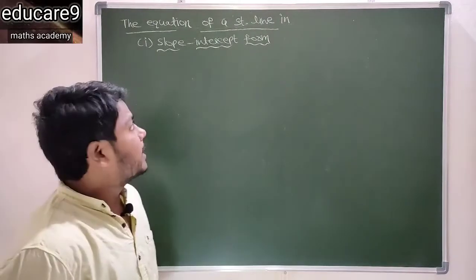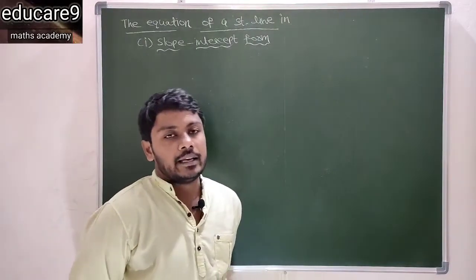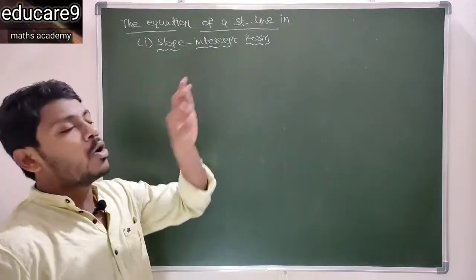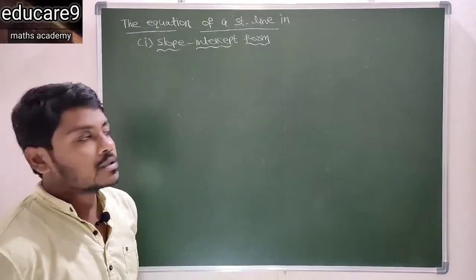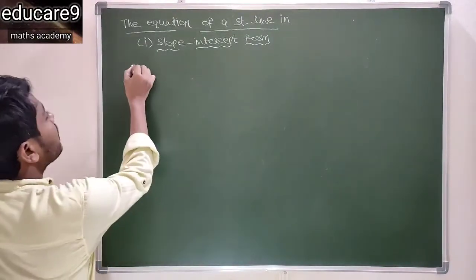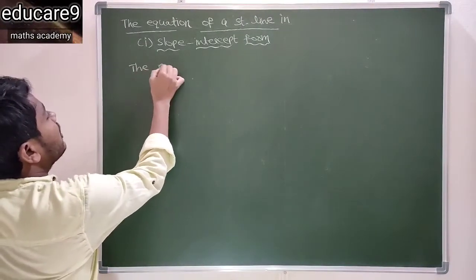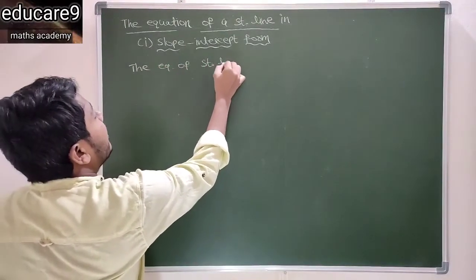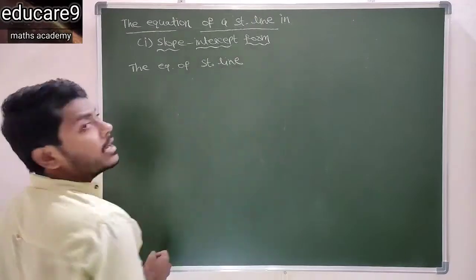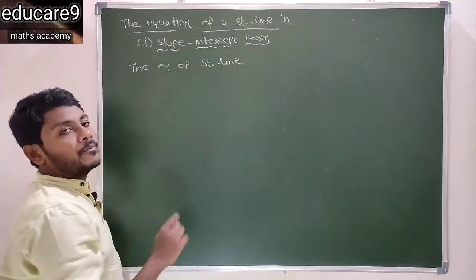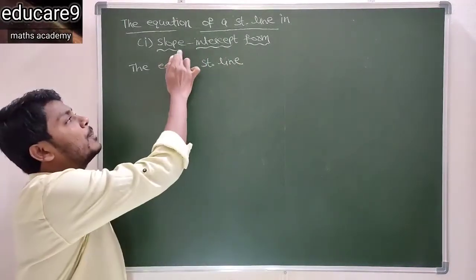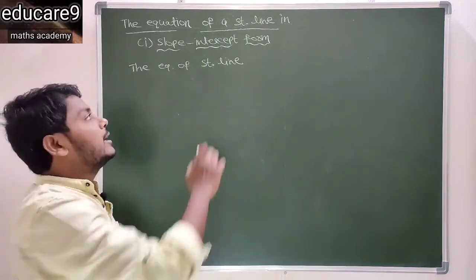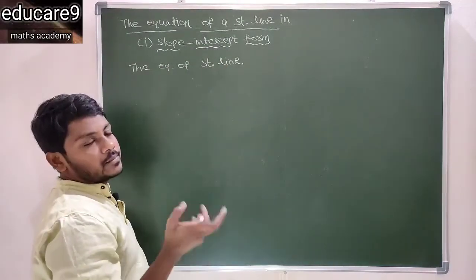Next one, the equation of a straight line in slope intercept form. Slope intercept form means the line having the slope m and y intercept some c.